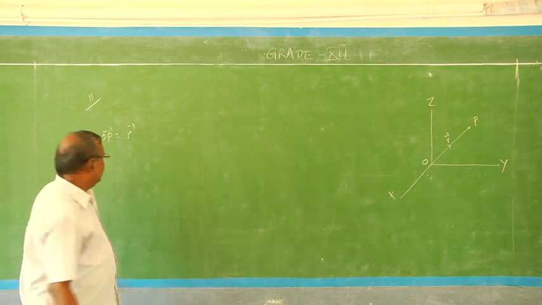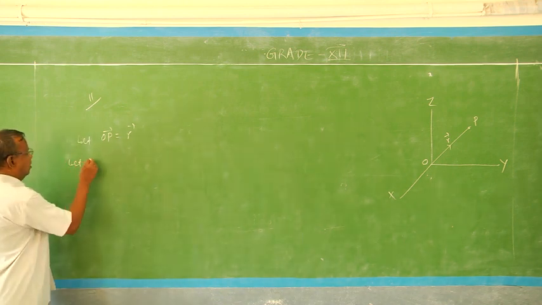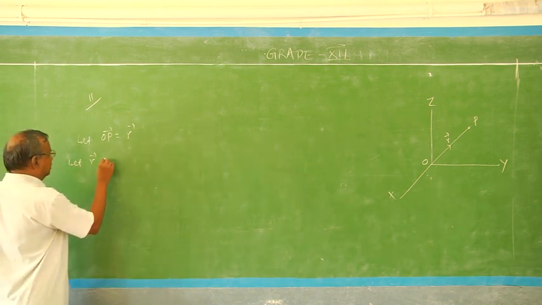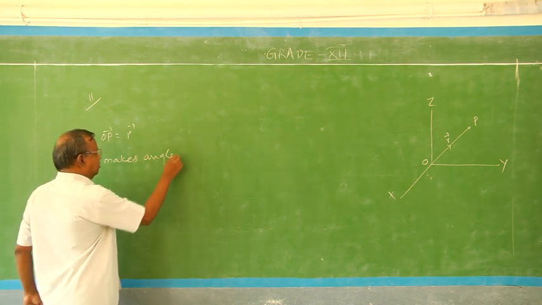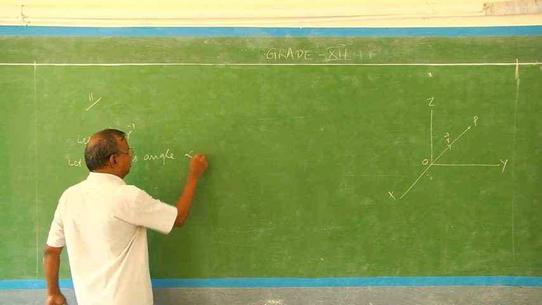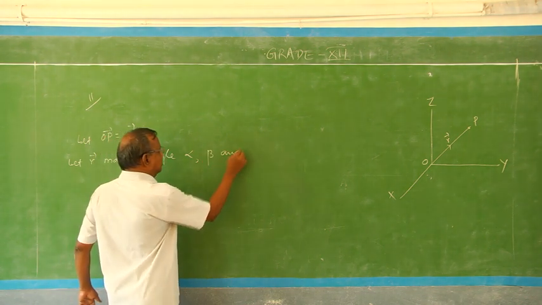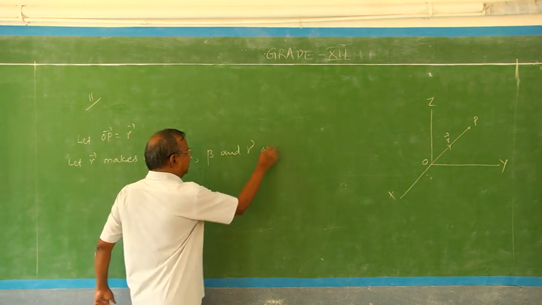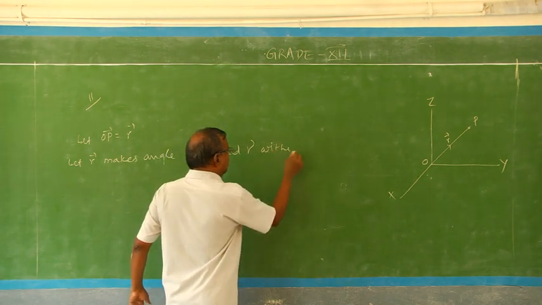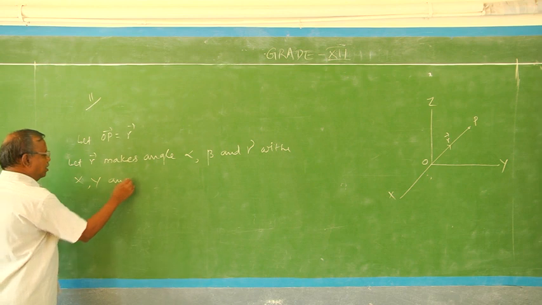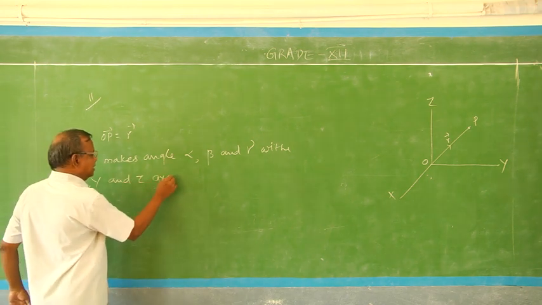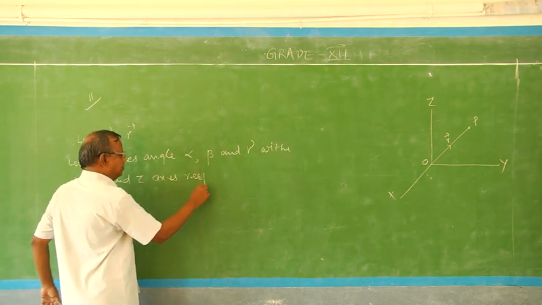Let OP vector or R vector make angles alpha, beta, gamma with the x, y and z axes respectively.